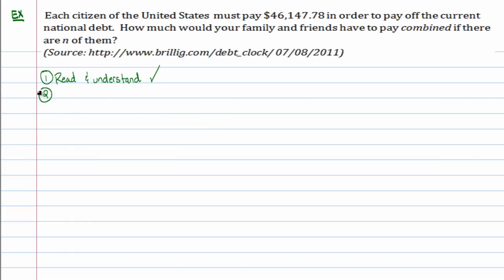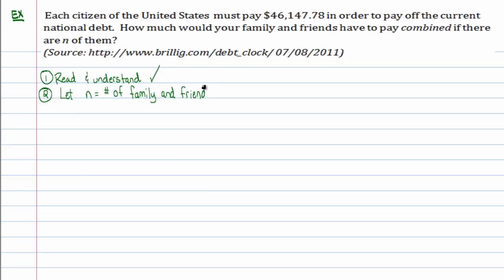The second thing we're going to do is identify the unknown. Well, it turns out they give us that we have n of them, so we're just going to let n equal number of family and friends. I mean, they kind of gave us that, but we'll write it down anyway.